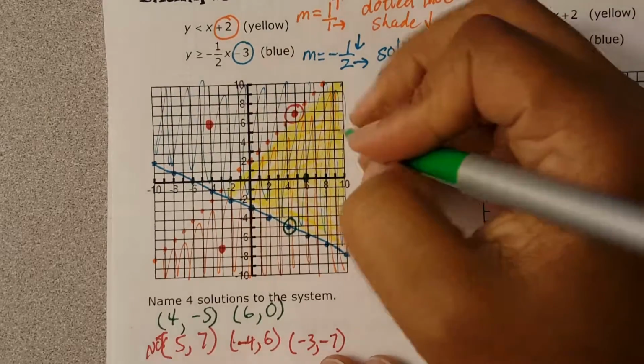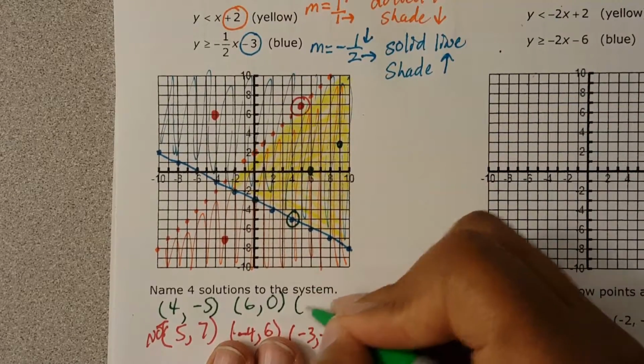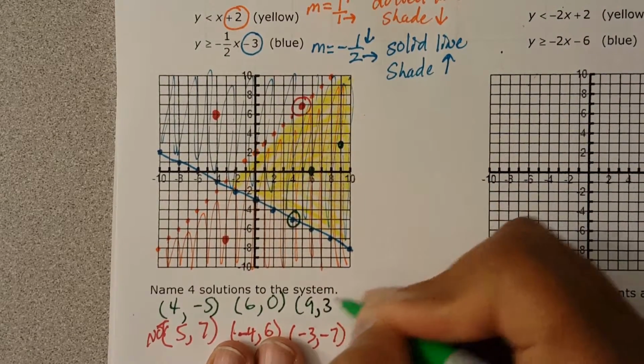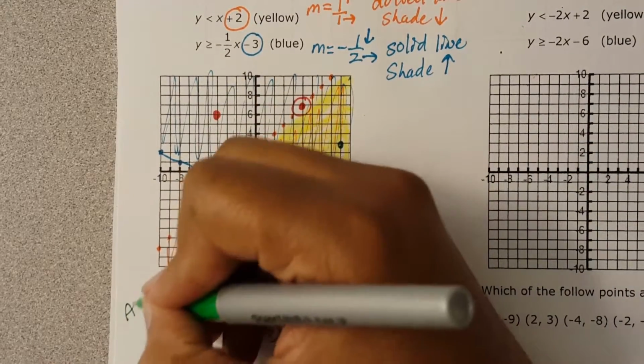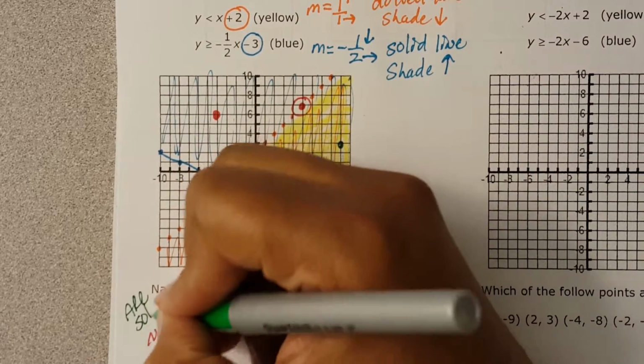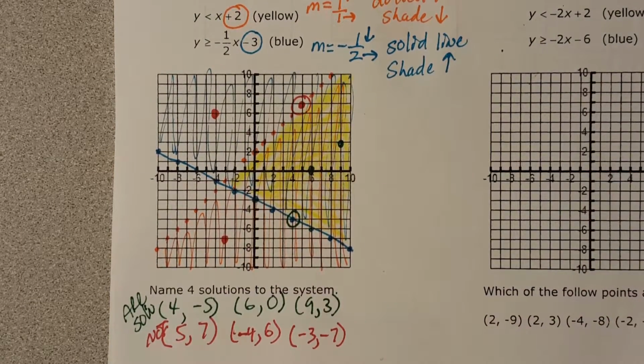But if I'm in the double shaded, like the point 9, 3, I am a solution. The green are solutions, whereas the red are not solutions.